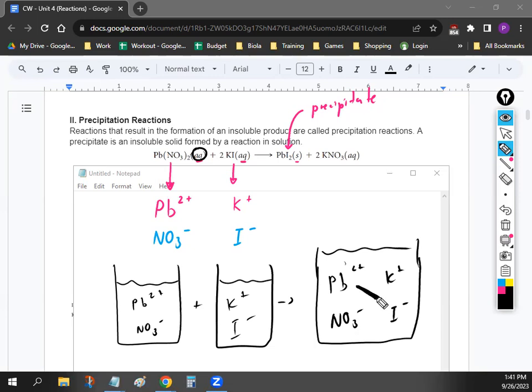And iodide is like, oh, Pb is kind of cute, let's get together and get married. So they're going to stick together and boom, they combine and turn into PbI2. And this is a solid. So this will be your precipitate right here. The point is once you mix them together, the ions are able to access different ions and form things that don't dissolve in water.